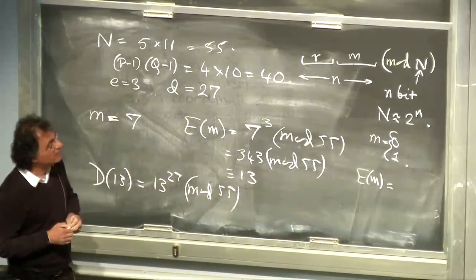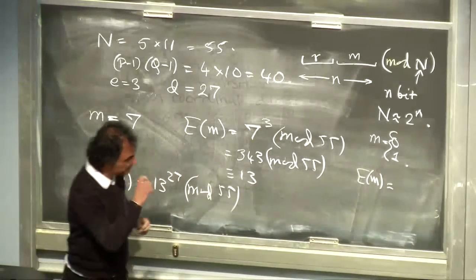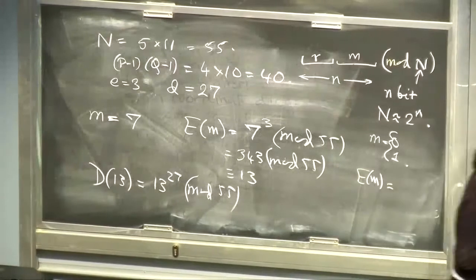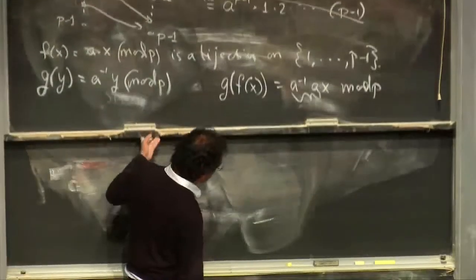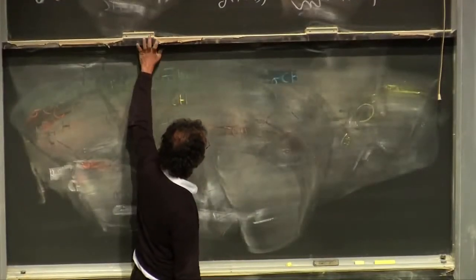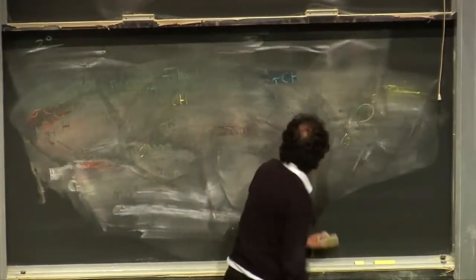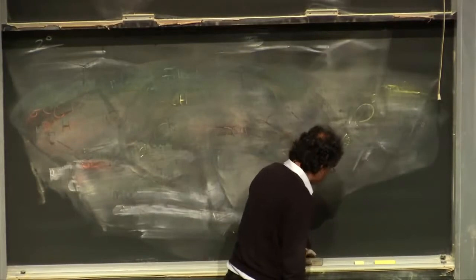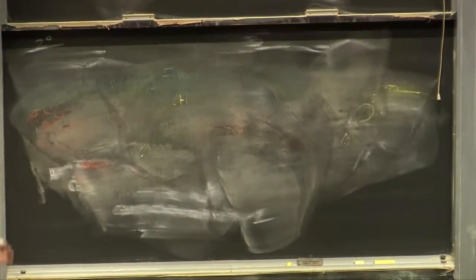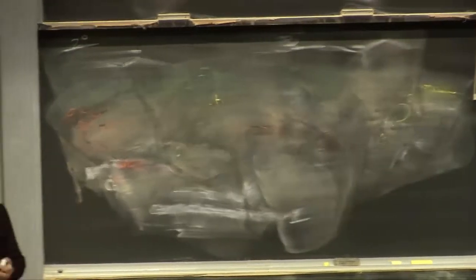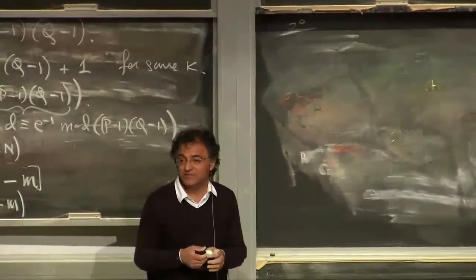Let me just say one more thing quickly. Once you have a public key cryptosystem, it actually gives you a lot more. It gives you the possibility of doing many, many things with it.